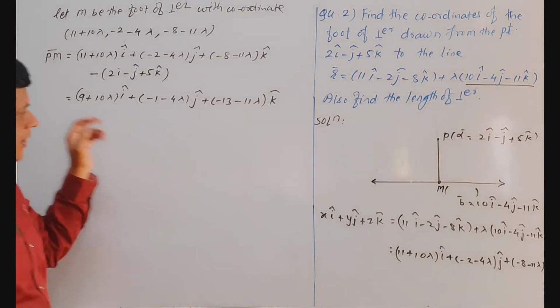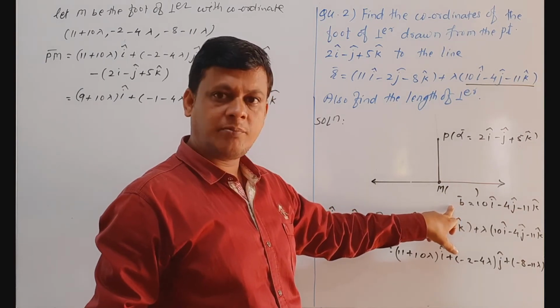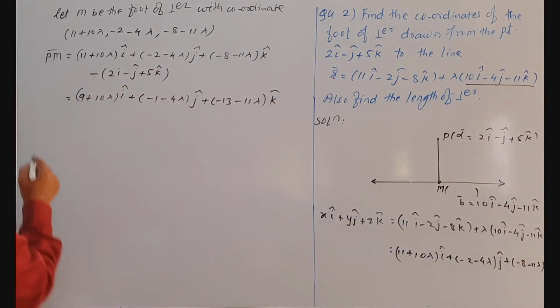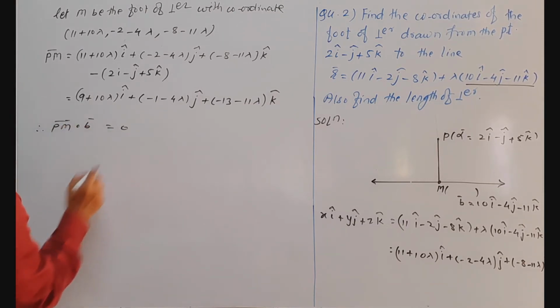Now this vector PM is perpendicular to this line, and this line is parallel to this vector B. So we write here vector PM dot vector B is equal to 0.